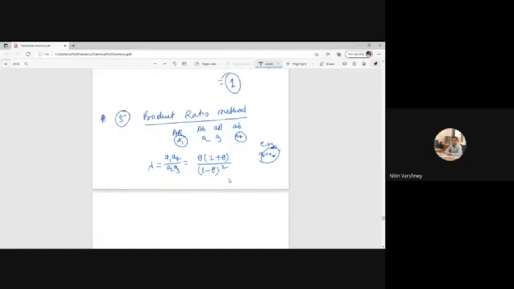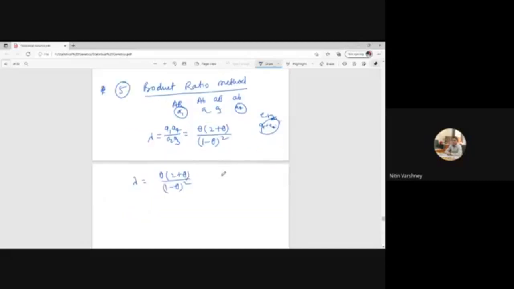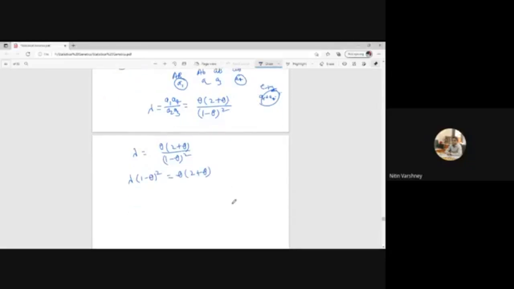So this is the value of lambda, theta upon (2 plus theta)(1 minus theta) whole square, by putting in the values of all this. From this equation, we will get a quadratic equation to calculate lambda.